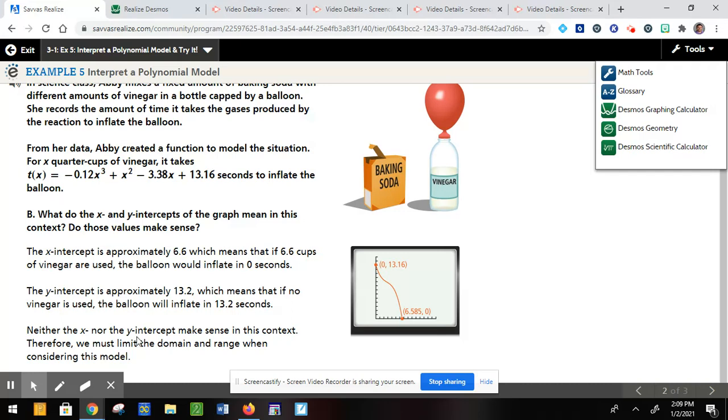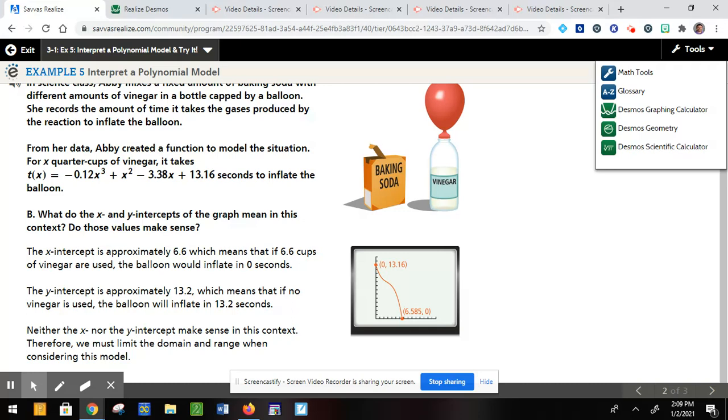So if you think back to example 4, when you're looking at rates of change over an interval, that's why you might want to, in the future, if you're looking at a function, only look at a certain range of a function, because in this example, both those intercepts don't make sense. So this function is only useful somewhere in between.